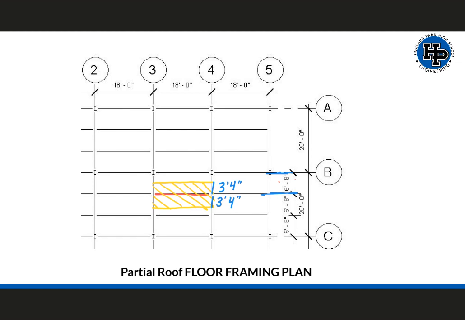So to find the tributary area, or the total area in square feet that this beam is responsible for, we want to multiply the tributary width, so a total of 6 feet 8 inches, times the span of the beam of 18 feet, which we'll talk about more in just a second.